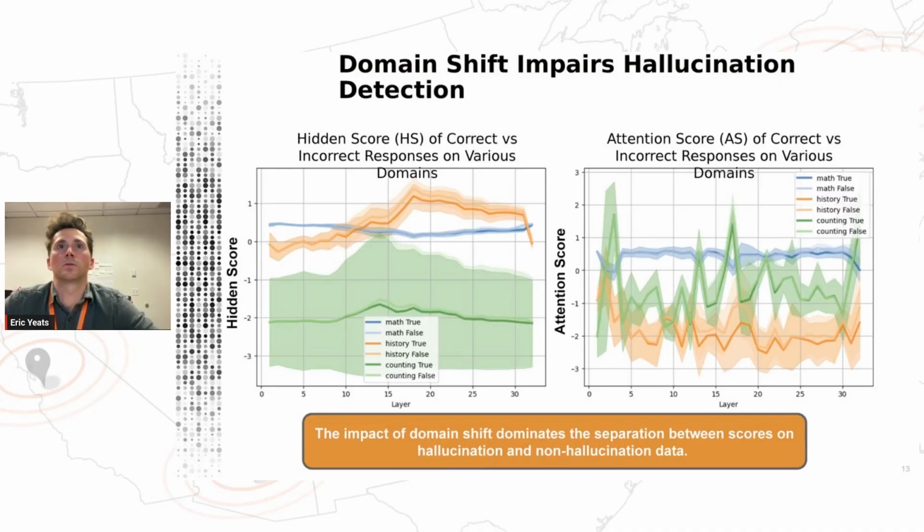And so for both hidden score on the left and attention score on the right, you see that domain shift and its impact dominates the separation between correct versus incorrect responses on any given domain. So if we're going to use geometric statistics to detect hallucinations in the wild, where you might expect a lot of variability in the domains that your detector needs to be effective for, then we're going to have to account for this impact of domain shift.